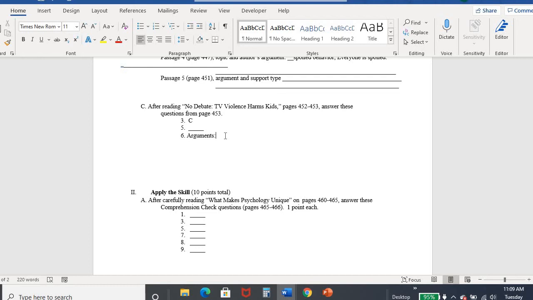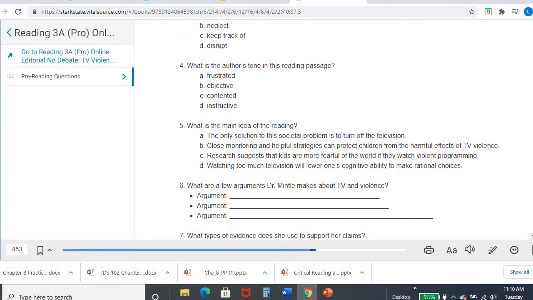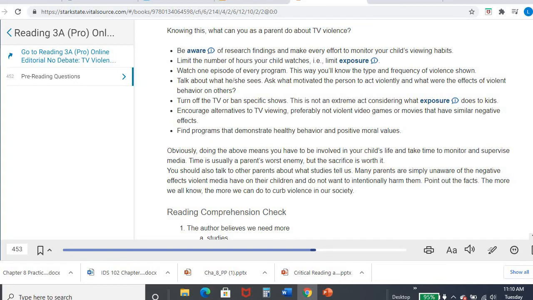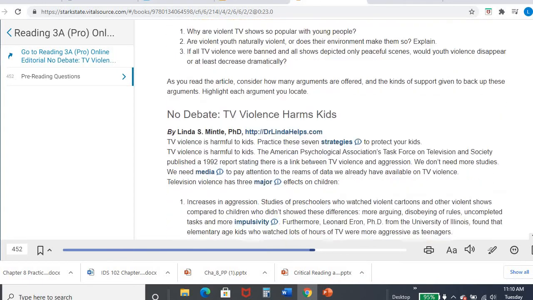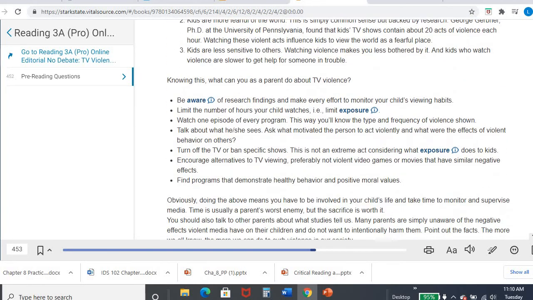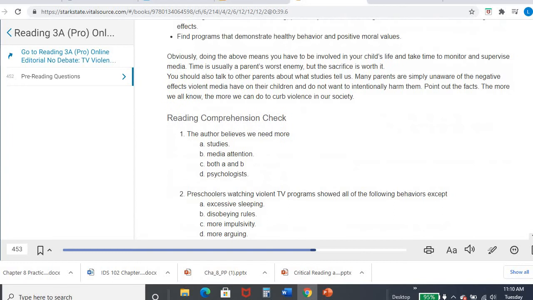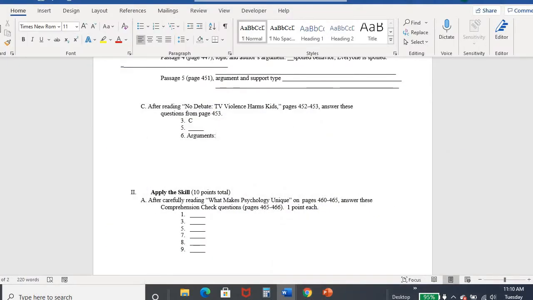She does believe TV violence harms kids. So you want to really answer the question, what is the argument here? What are we trying to prove about TV violence? Revisit that if you need to and look to see what the big arguments she's making are. Okay, so that is part C.